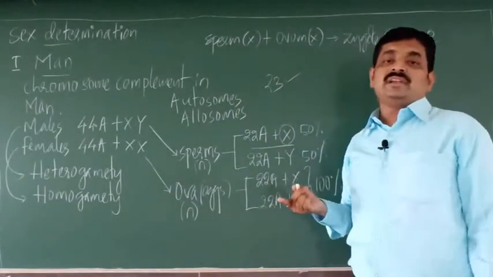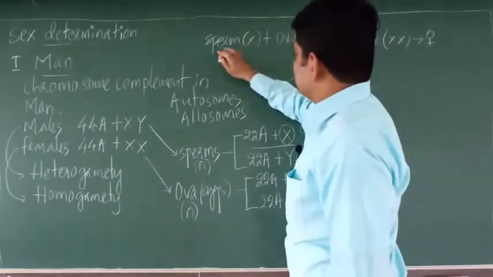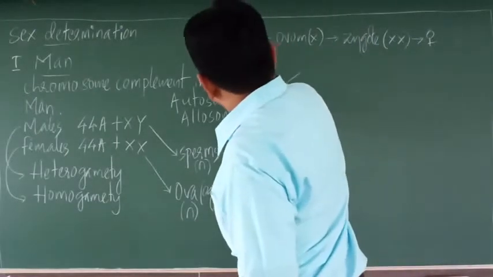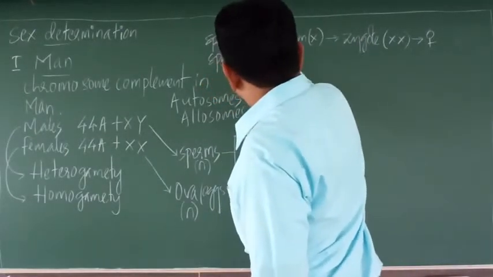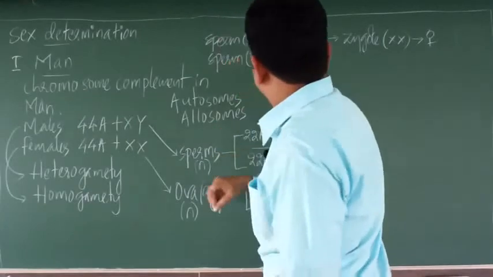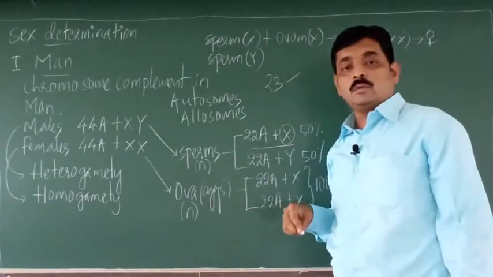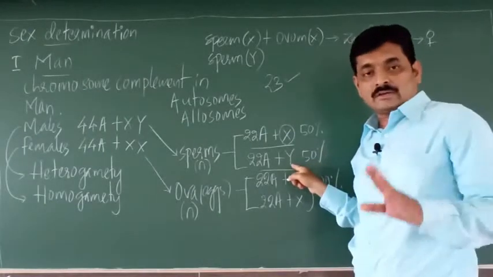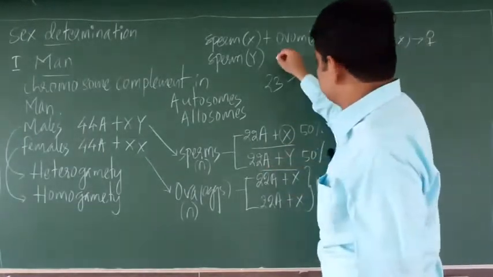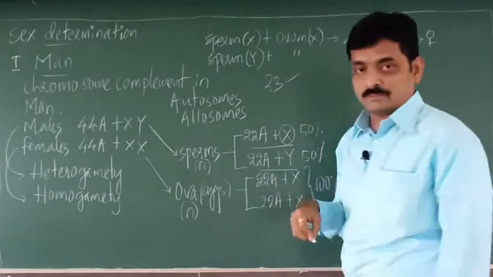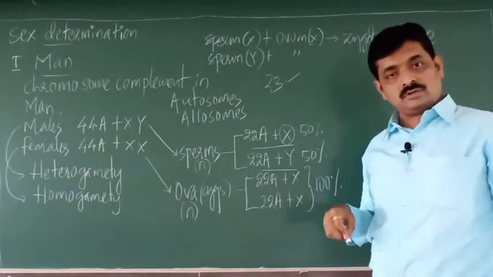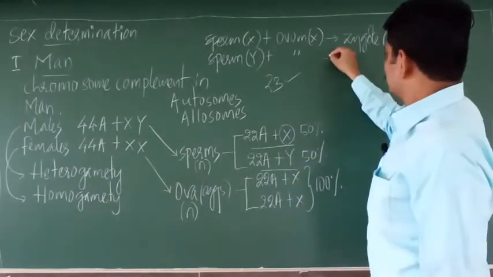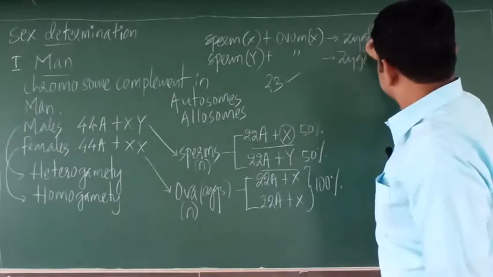There is another possibility. When a sperm carrying a Y chromosome fuses with the ovum, again the ovum has X, so you get a zygote.